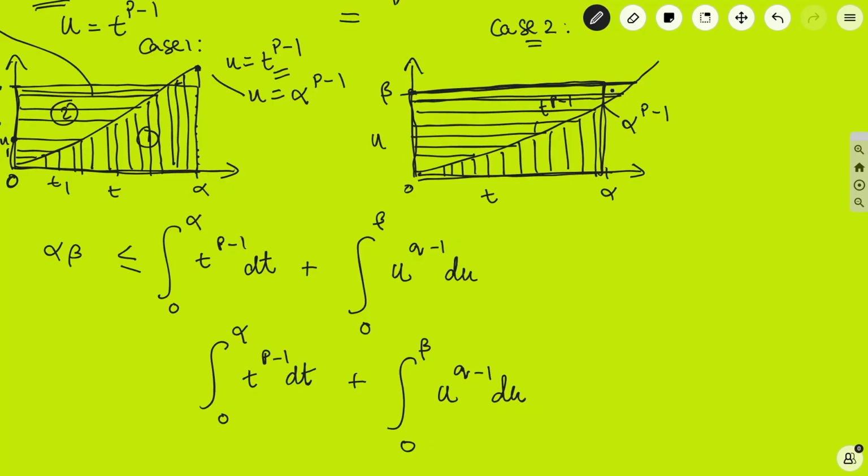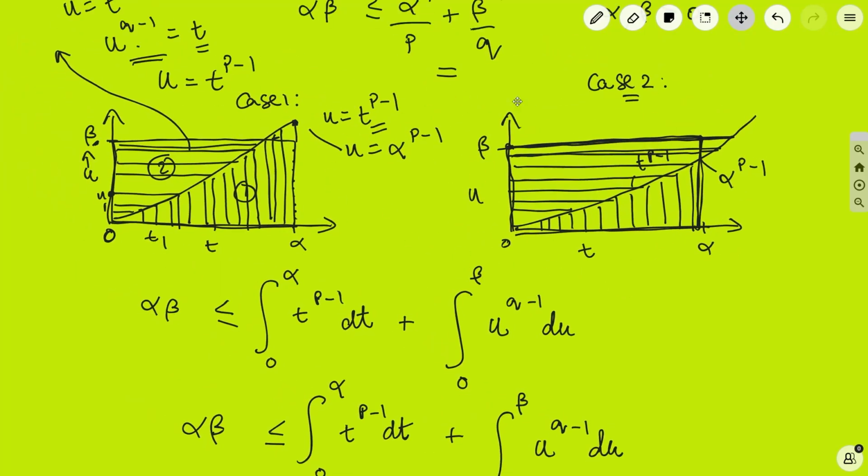So you have an extra portion here, and because of which integral 0 to beta u to the power q minus 1 du is again bounded below by alpha beta, because the area of that rectangle is smaller than the integrals. So in both the cases, you see this inequality holds. It just follows from this nice looking graph.